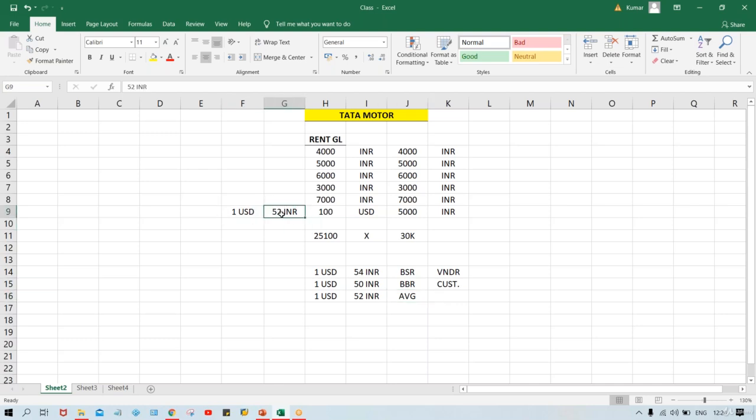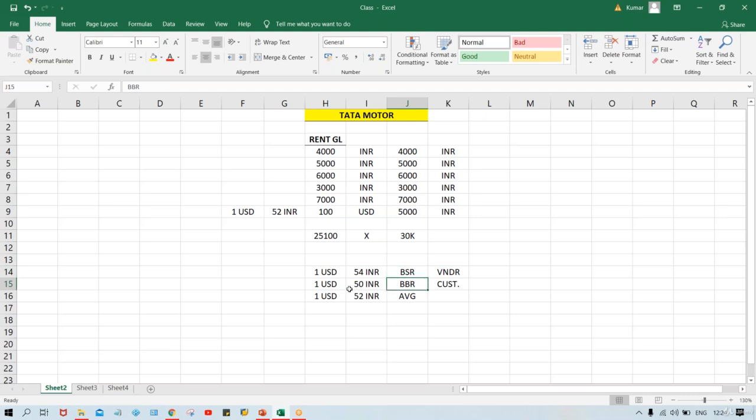This is not your decision. Why? Because these configurations, these setups, we are going to do for whom? For Tata Motors. Let them decide which rate they are going to maintain. Tata Motors knows whether they have only vendors, only customers, or both. So in case of only vendors, this rate is going to be specified.